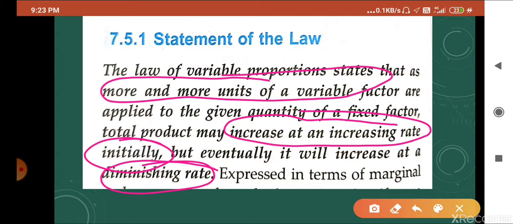I hope you understood: after the limit of the machine, if overcrowding occurs, TP will start declining. Here we are not discussing AP and MP, only TP. So first TP will increase, then remain constant, and afterwards start declining when overcrowding is there.